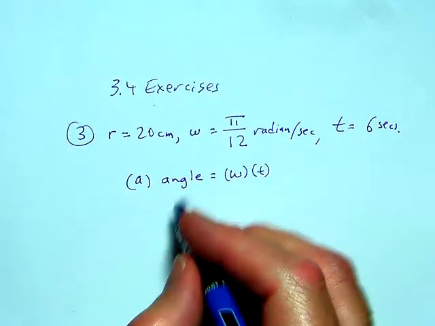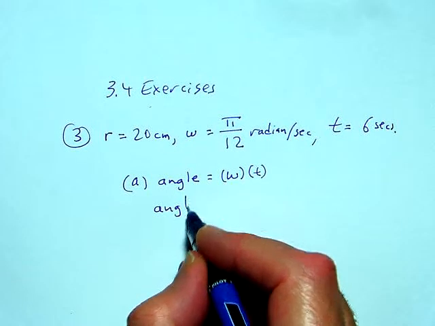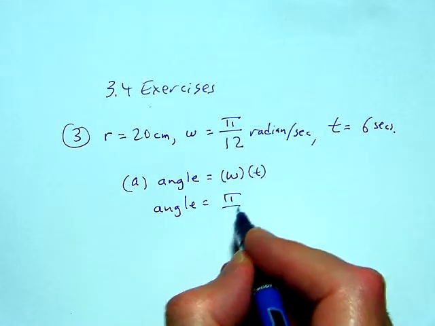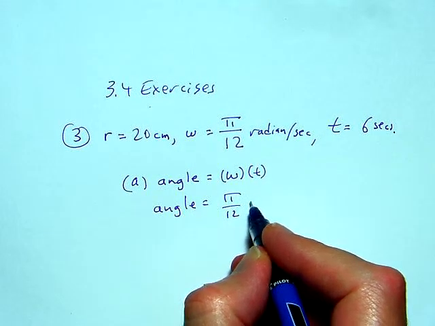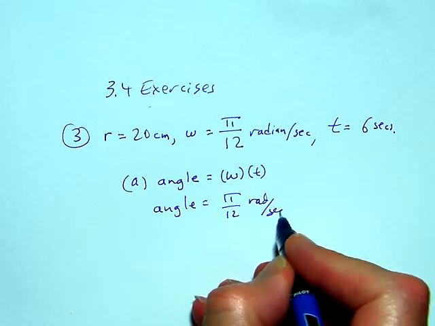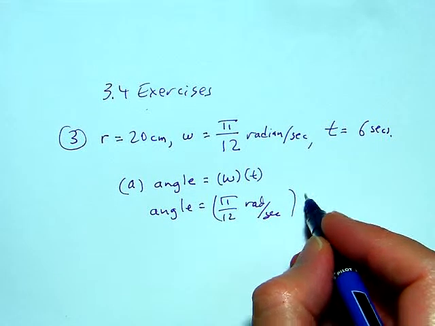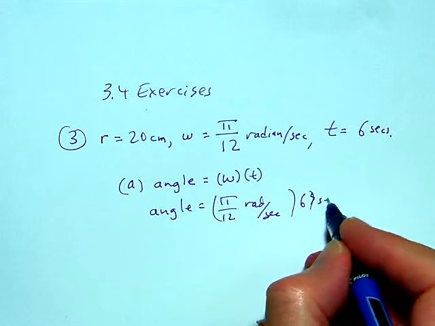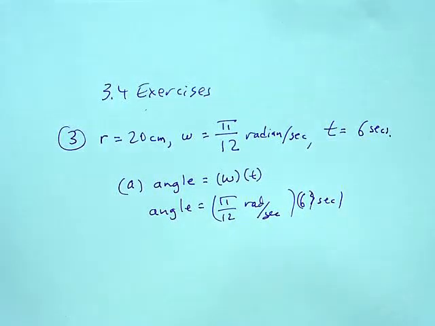the angle. So the angle then is equal to pi over 12 radians per second times 6 seconds. Okay, and that will give us the angles in radians.